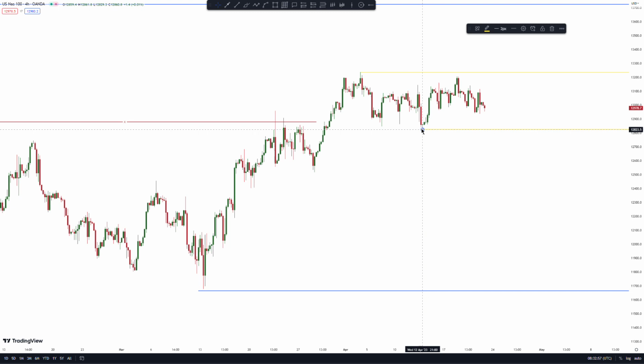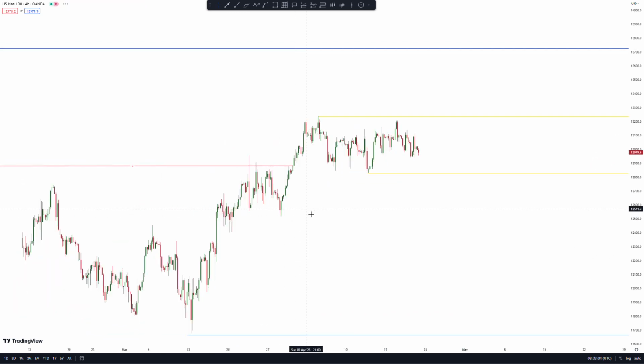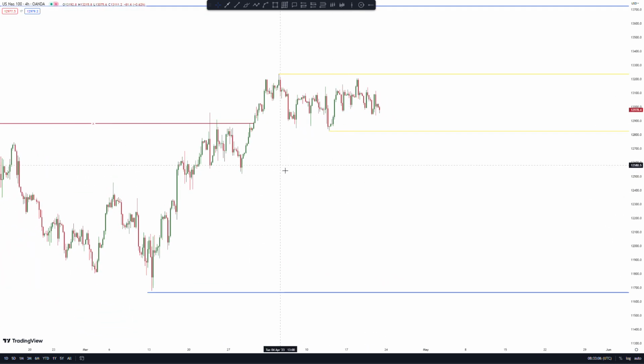So now, having seen this, we're realizing that it has come to this area, the last candlestick. Remember the last candlestick that gave us a drop, and if you check, it has hit the 50% of this candlestick, if I'm not mistaken.